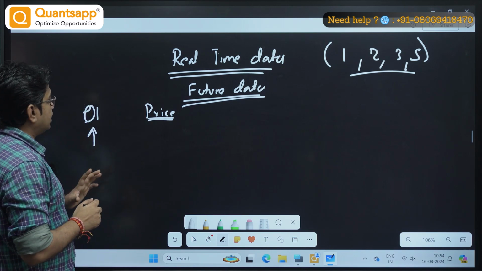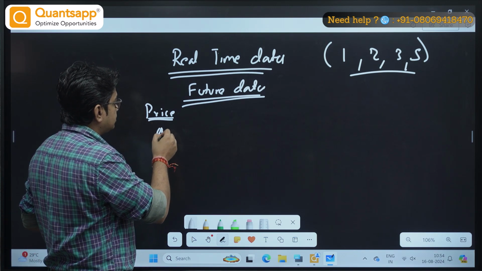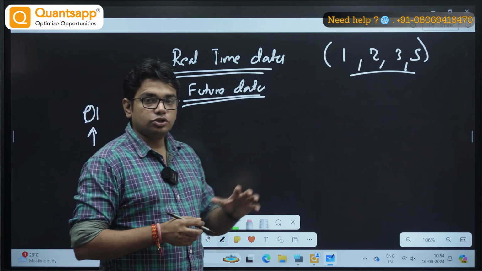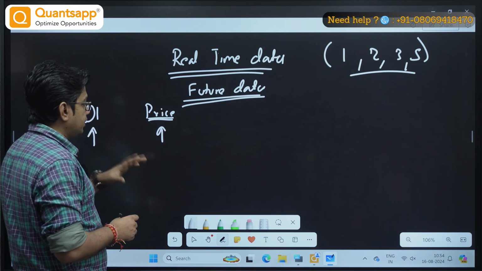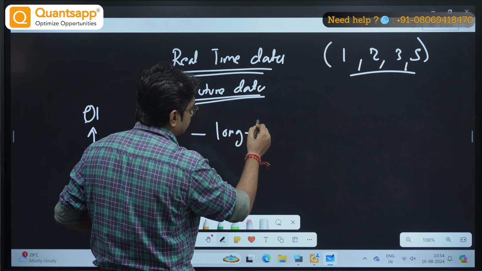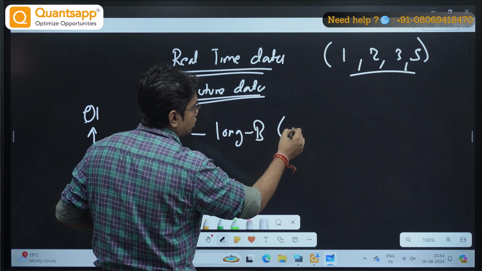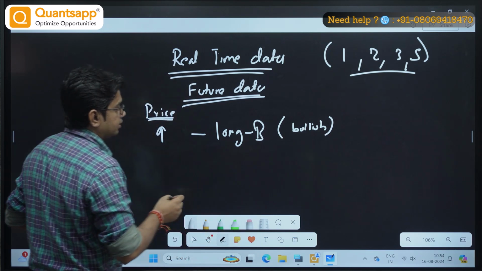If the OI is increasing along with the price also increasing, it will give you an indication that there is a long build up. It is a strong bullish character.